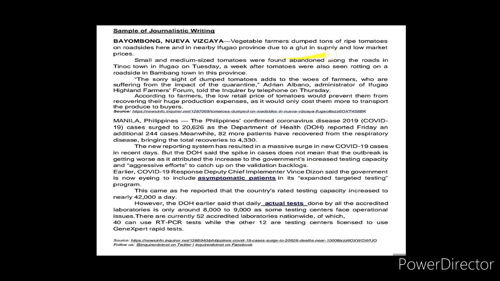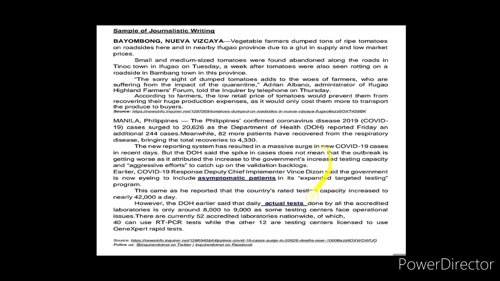Okay, so this is an example of journalistic writing. If you could still remember the news about the vegetable farmers dumped tons of ripe tomatoes on roadsides nearby Ifugao province. So it just quickly informed us. That's why it is called journalistic writing.